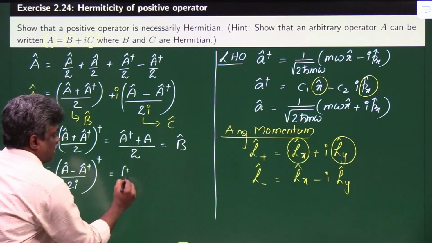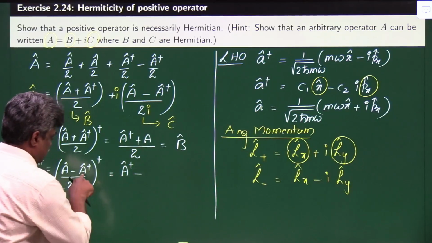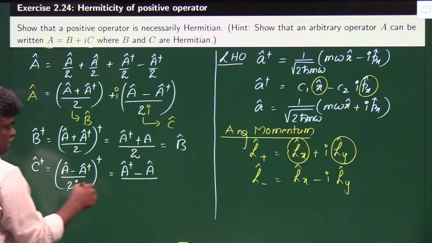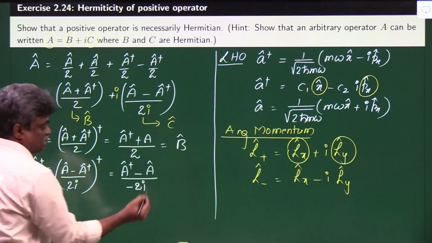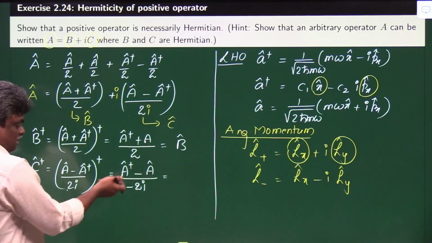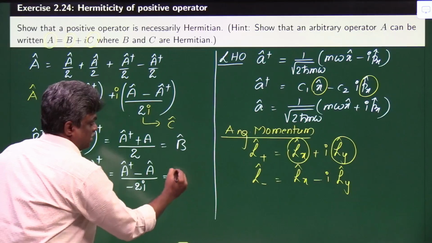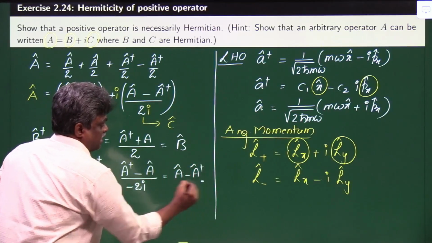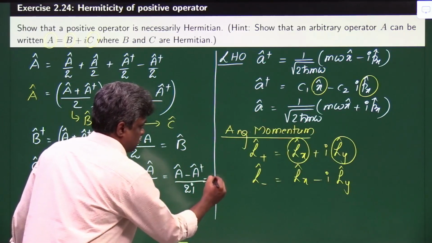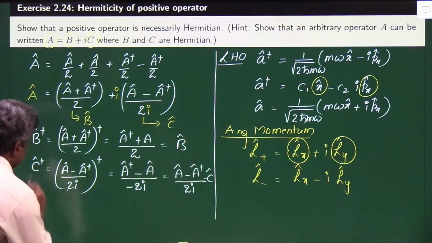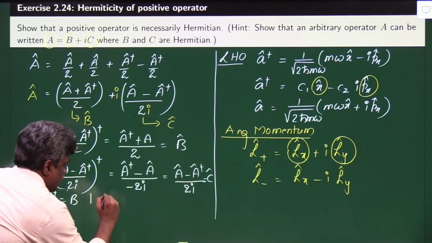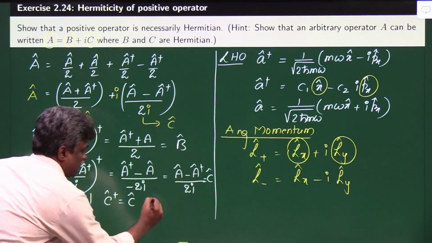Now A dagger minus as it is, A dagger whole dagger is A, by 2 iota, so we can write it as minus 2 iota. Iota dagger is minus iota. So now just take minus common and this minus gets cancelled, and this is A minus A dagger over 2 iota, which is nothing but C cap. So finally we can say B dagger equals B and C dagger equals C. So both are Hermitian.